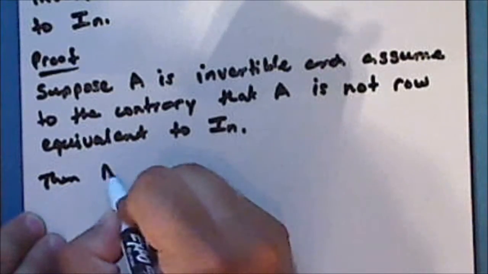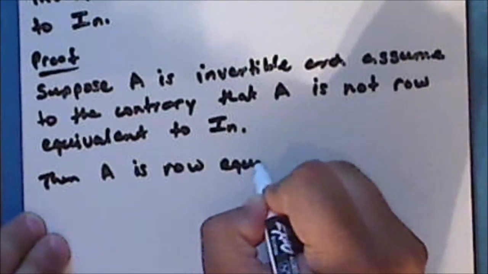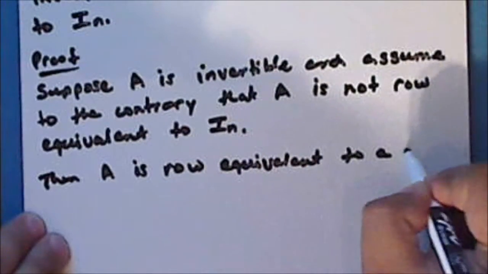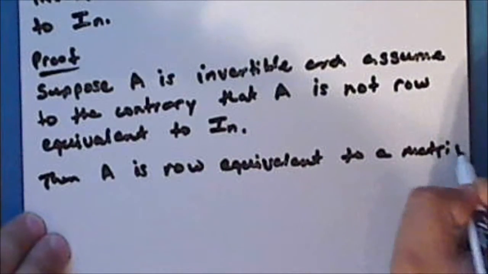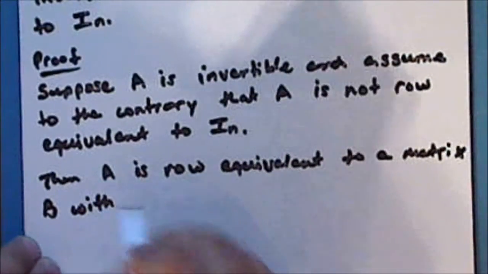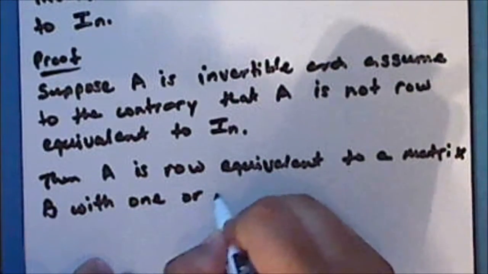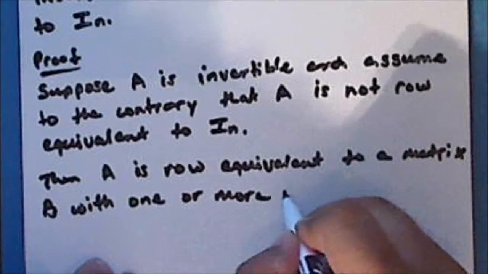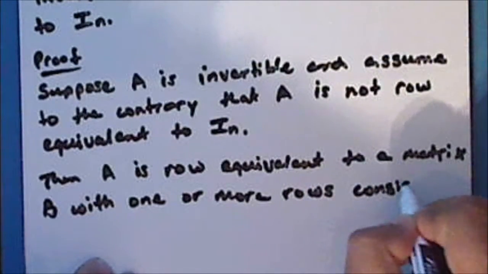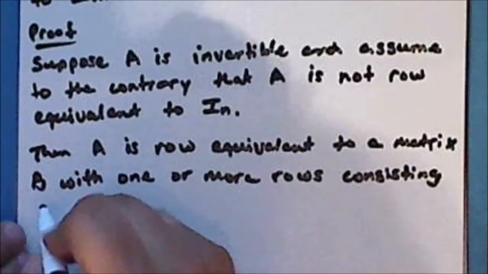Then the matrix A is row equivalent to a matrix B with one or more rows consisting entirely of zeros.